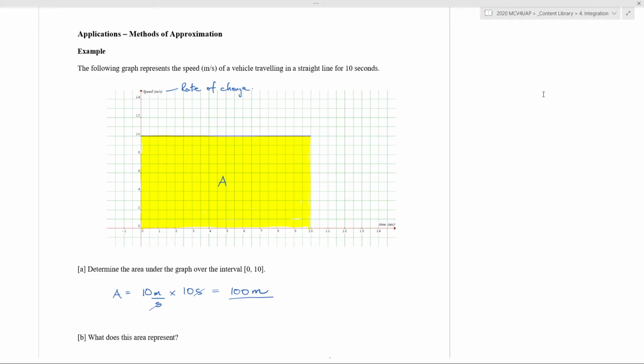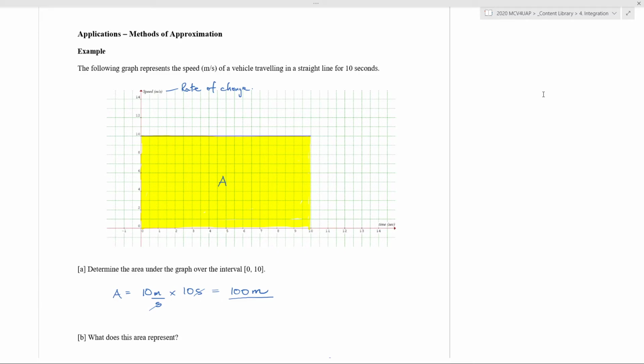A derivative is a rate of change. And it's important when you are dealing with rate of change that you take note of the units that are involved. So meters per second. And now in this example and the ones that follow, we're going to find the area under a rate of change function.